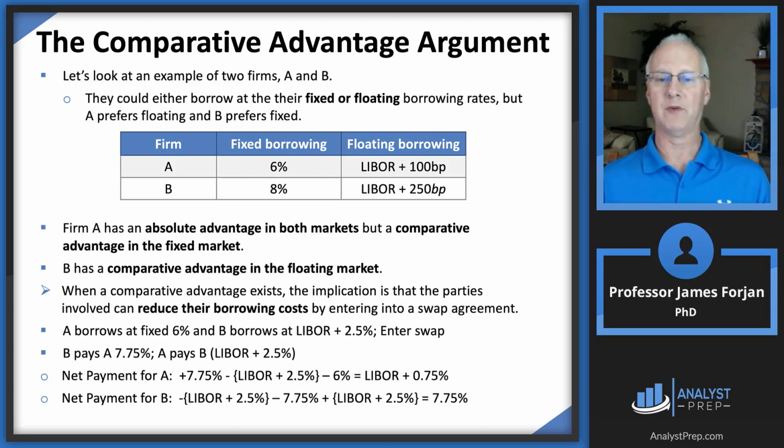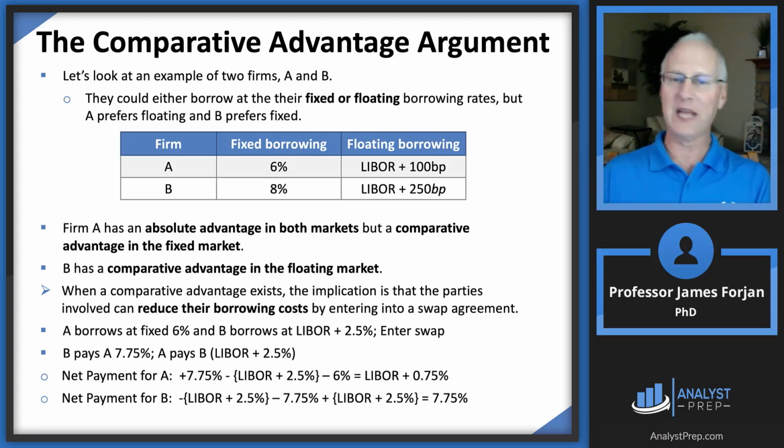Now the net payments for B, notice what it's doing. It's paying the floating and it's receiving the same floating. So those two cancel out. So it's just paying 7.75% to A. So notice what's happening here. Because of this comparative advantage that B holds over A in that floating market, B gets to borrow at its preferred fixed rate, but not 8%.